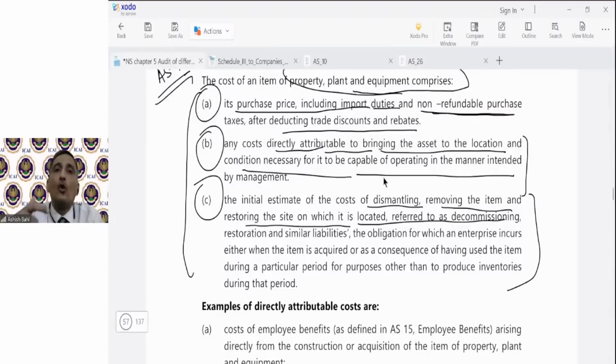It also goes to form part of cost of machinery. Okay.